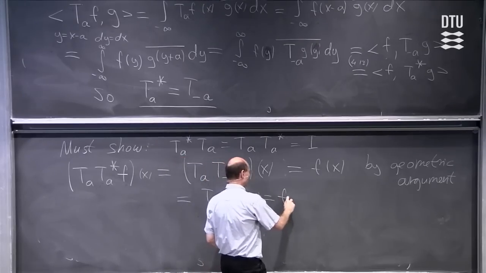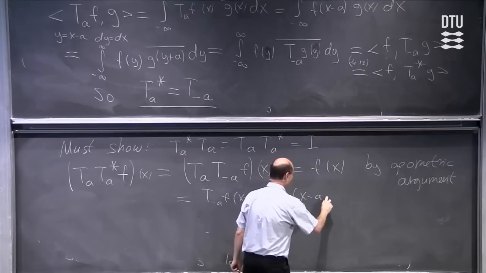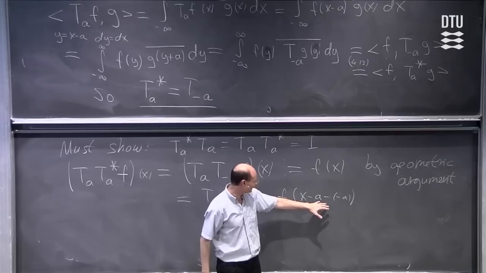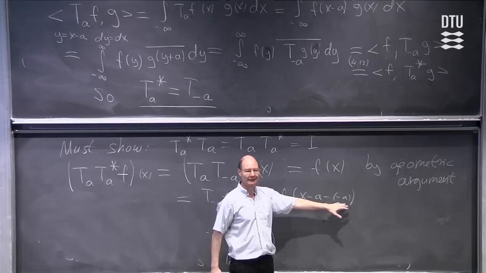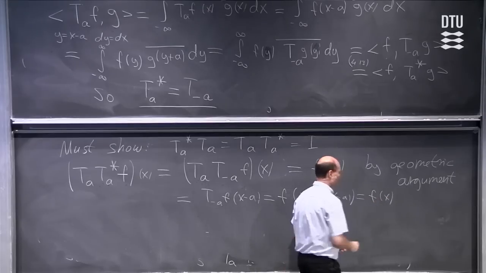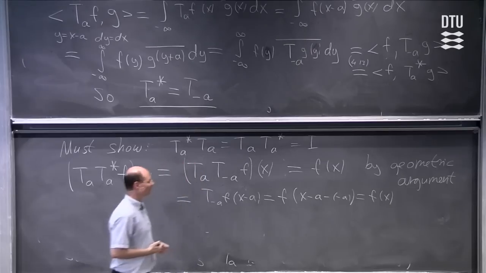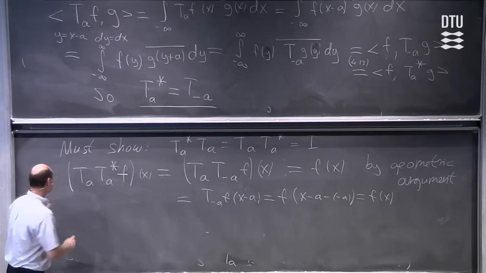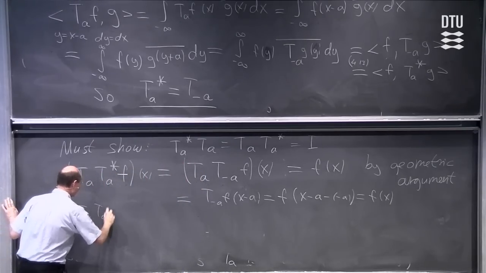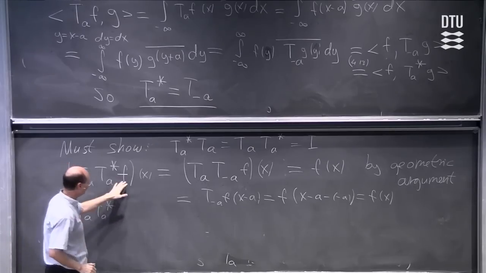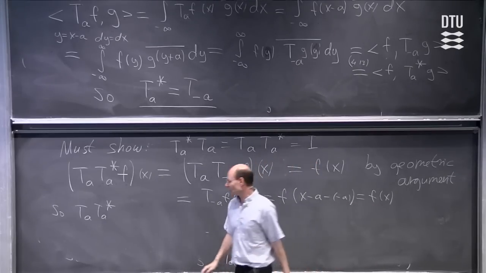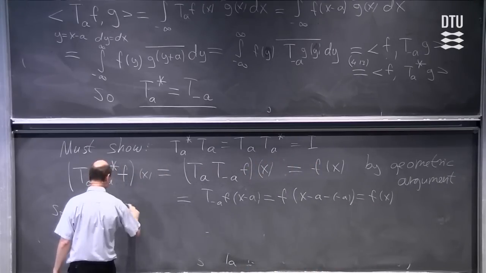So that means at the end we get f of x minus a minus minus a. And then you see exactly, here we are subtracting the a, but here we are adding it again. So what comes out is f of x. So that means that Ta Ta star acting on any function gives exactly the same function. And this means that the operator is the identity.